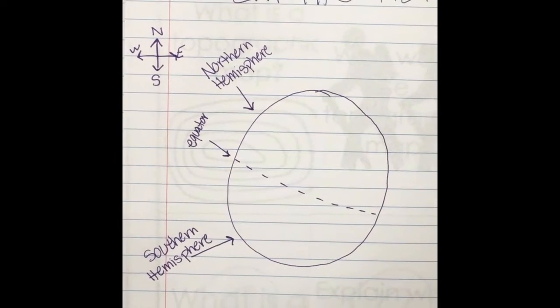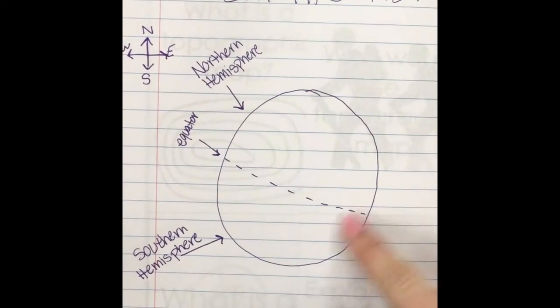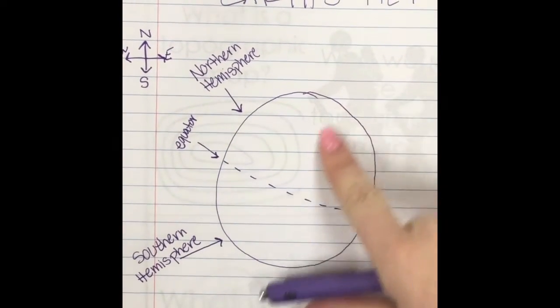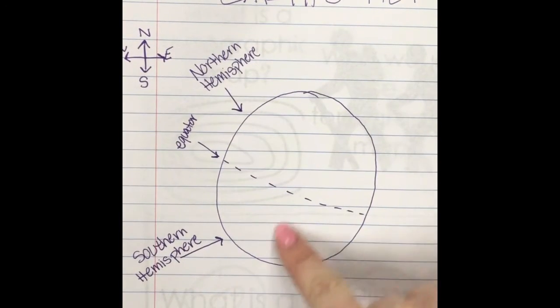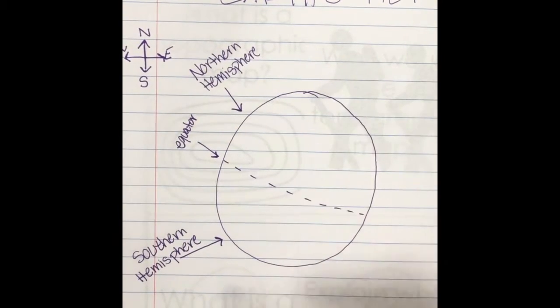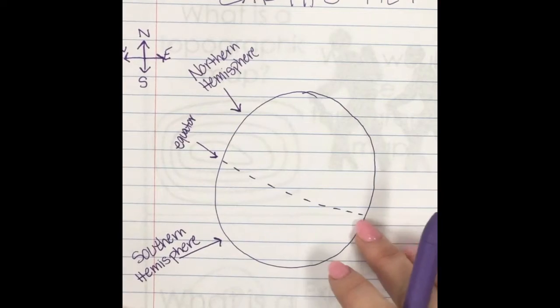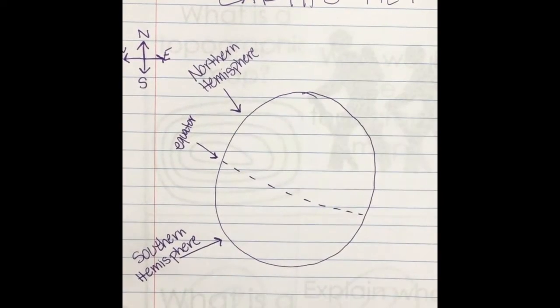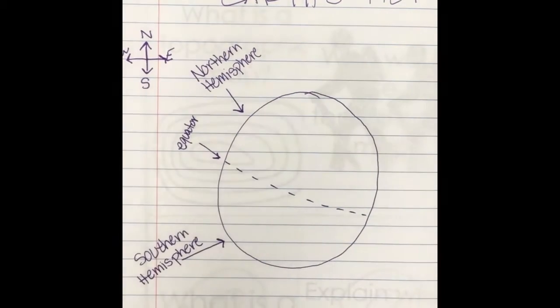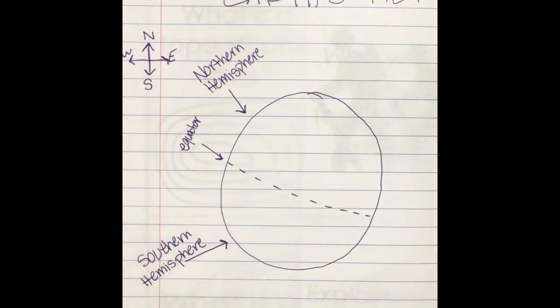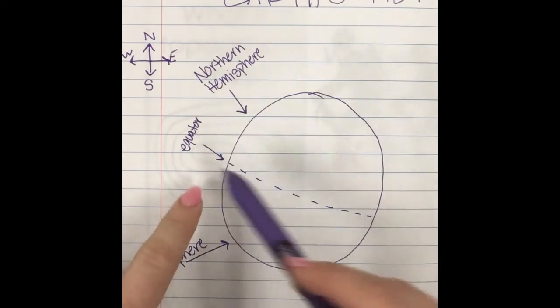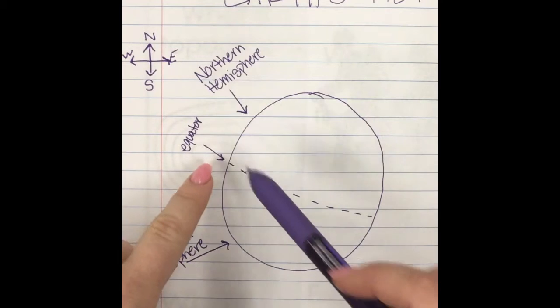Now, there's another invisible line that we use to describe our Earth processes. So the equator divides us into the northern and southern hemisphere. However, we also have something called an axis. The axis is opposite of the equator. The equator, we could say, runs east to west.